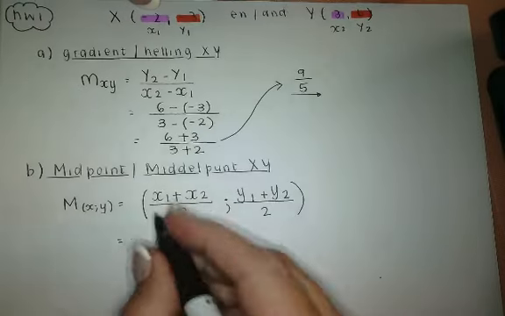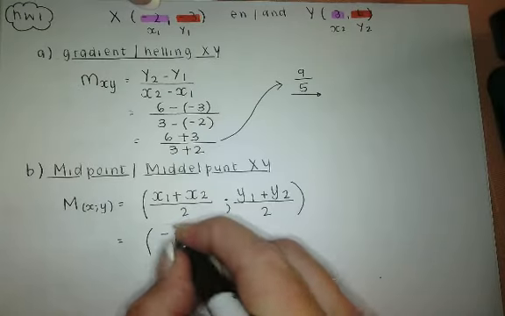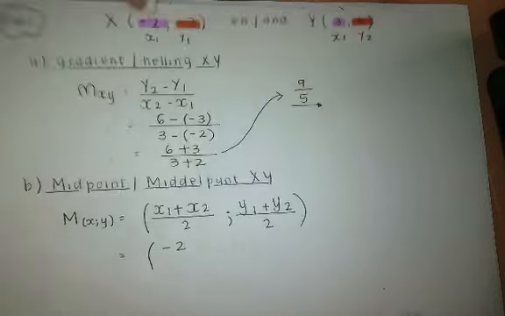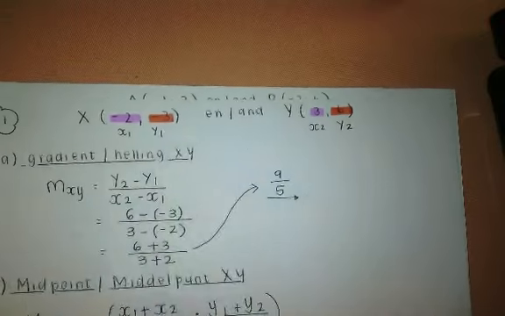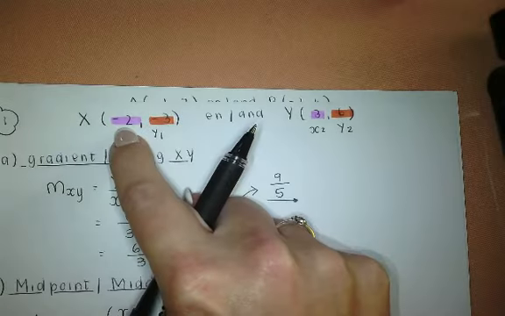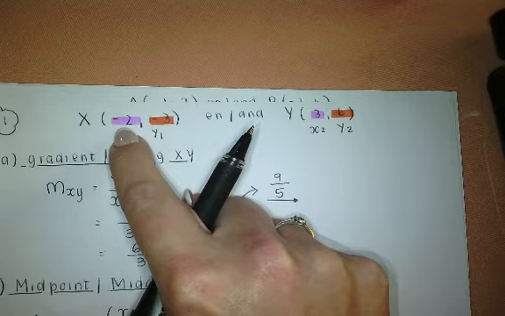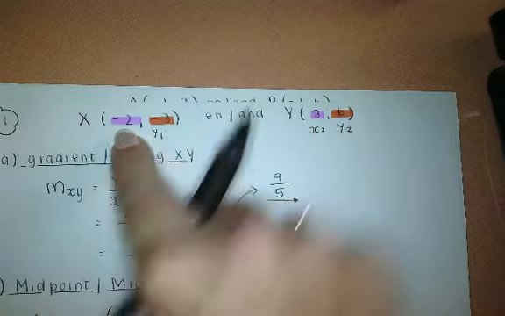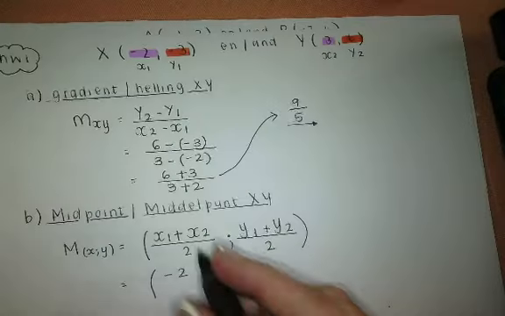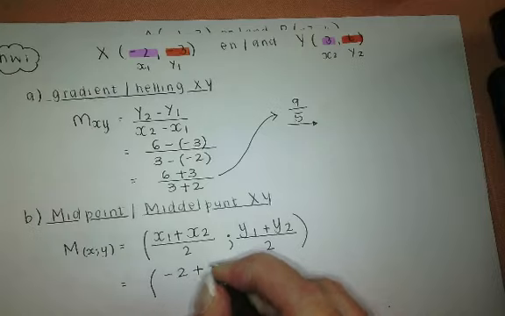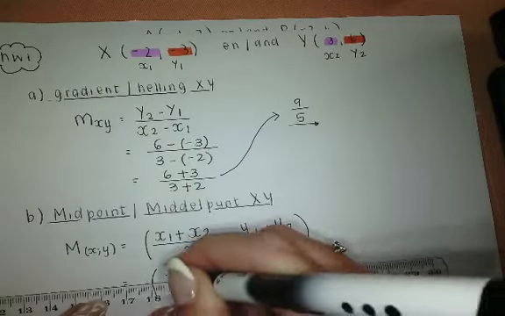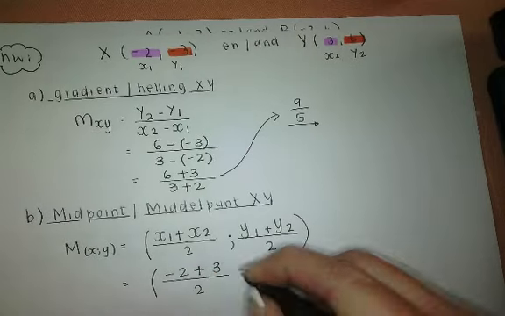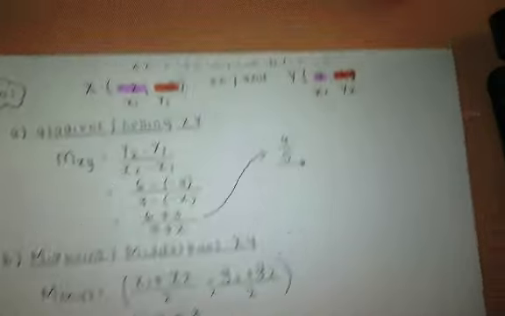What is my first x coordinate? x1 is negative 2. I'm still using this one up here. So x1's value is negative 2. What is x2's value? 3. So I'm going to plus 3 here. And then, what is y1's value?